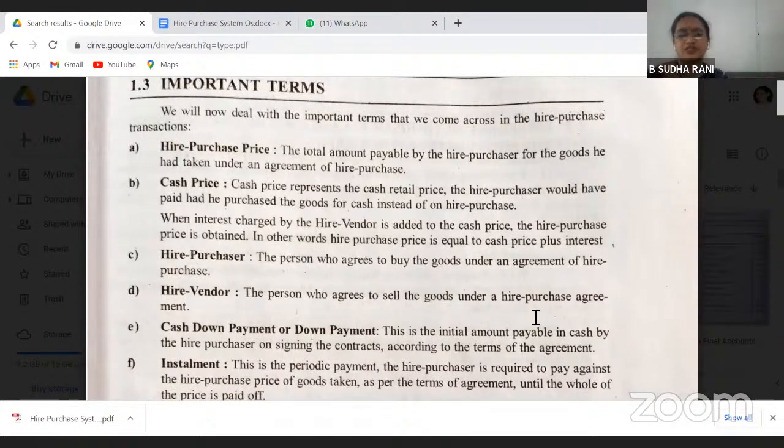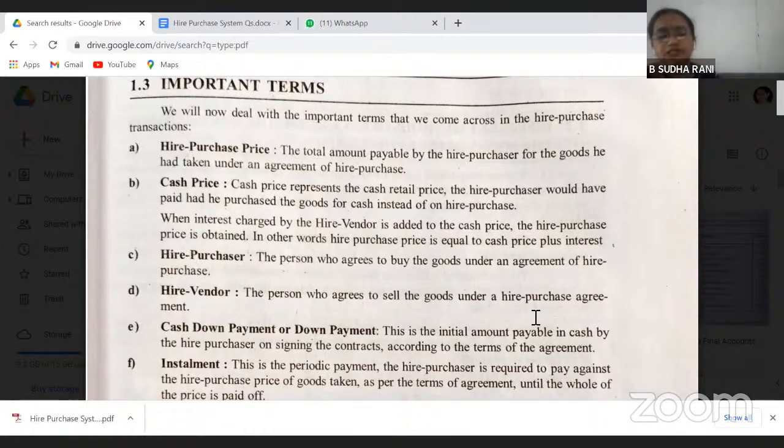Cash price means the actual price of the asset. Cash price represents the cash retail price, meaning if you pay cash immediately and take the goods, that is called the cash price.